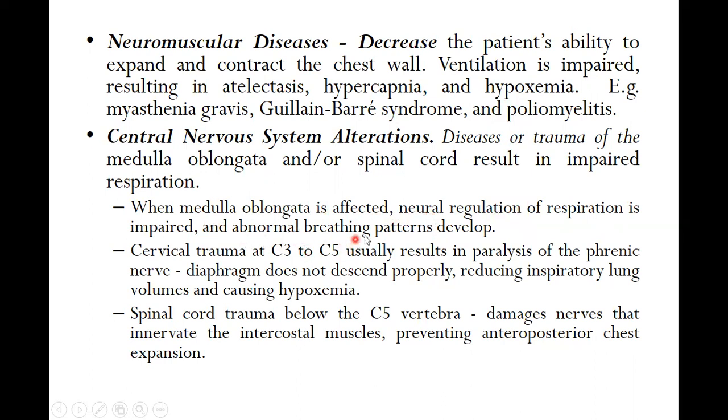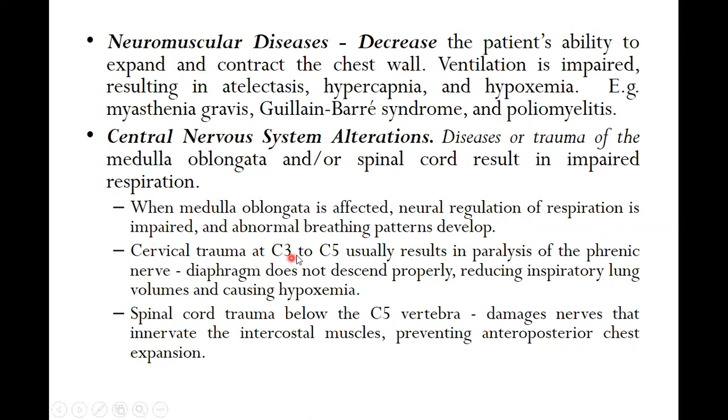And so an abnormal breathing pattern will develop, because the medulla contains the respiratory center, which helps to regulate the rate and rhythm and even depth of respiration. So when there's damage or injury to the medulla, then the pattern of respiration will be altered.